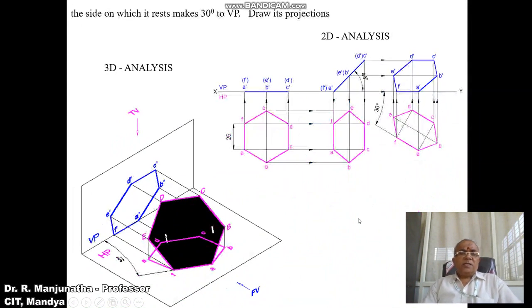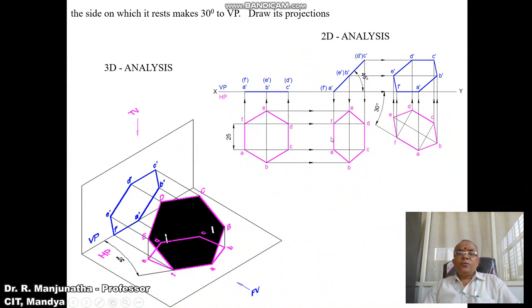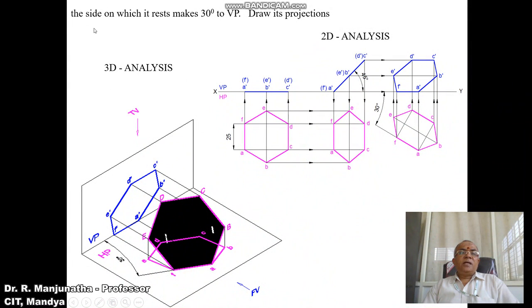Now in the next condition, the side on which it rests makes 30 degrees to VP. As we see in the second position top view, when the side is resting on HP, it is parallel to HP. Therefore, you are getting the true length here. Since this line is in true length and the inclination given is also a true inclination, this is the side which is resting on HP.